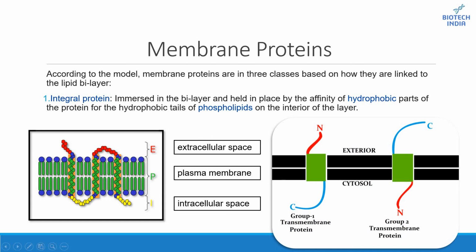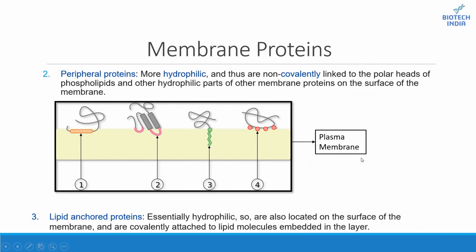They have different functions which include channeling and transporting molecules across the membrane. As you can see in the figure, there are two different types of membrane proteins, group 1 and 2 transmembrane proteins, which are in opposite orientation.